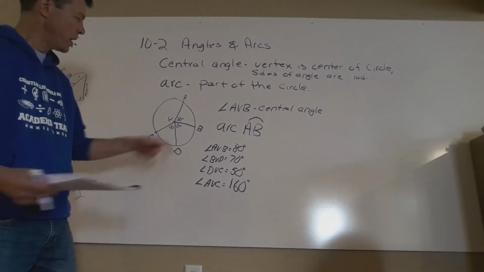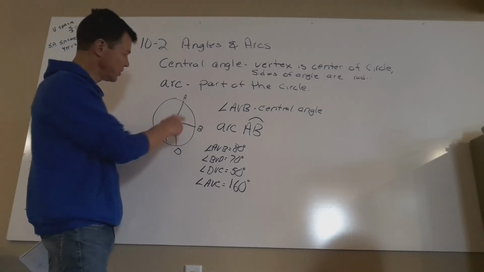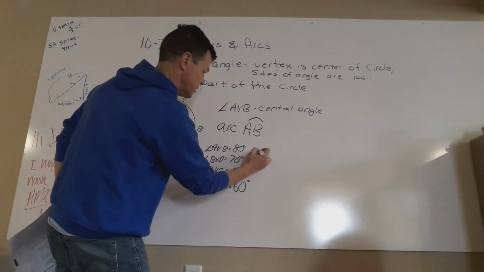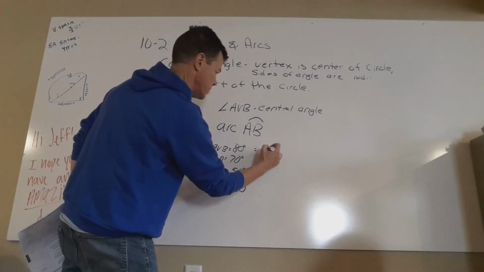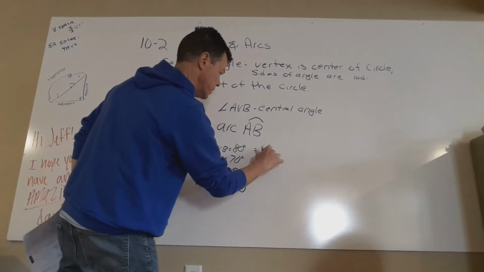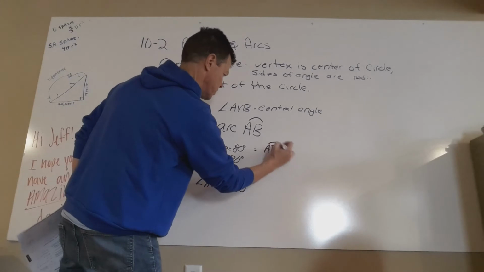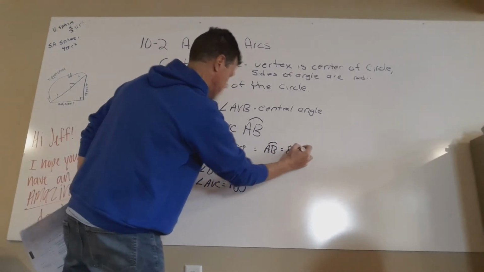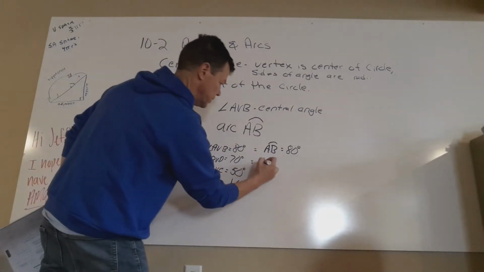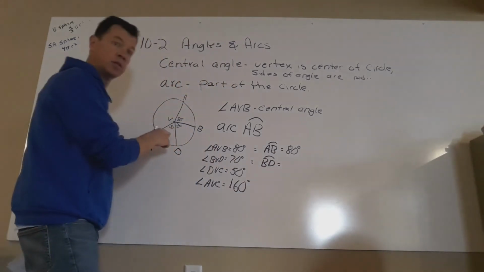All right, now we can talk about arcs. Arc AB, remember, is equal to angle AVB. It's equal to that central angle. So arc AB, that's going to be 80 degrees. Arc BD is going to be 70.